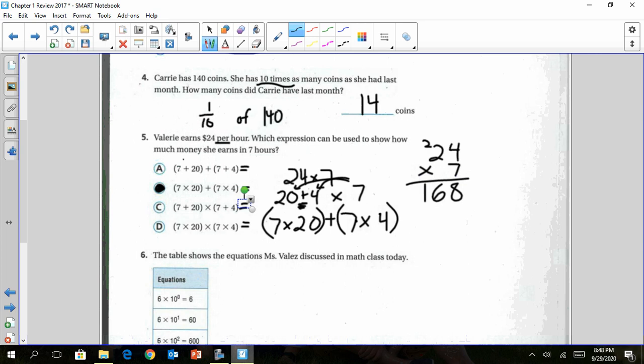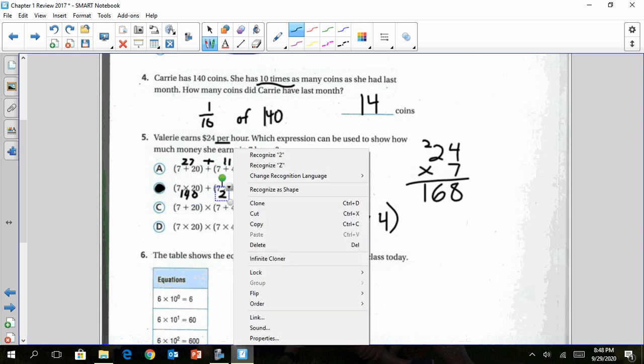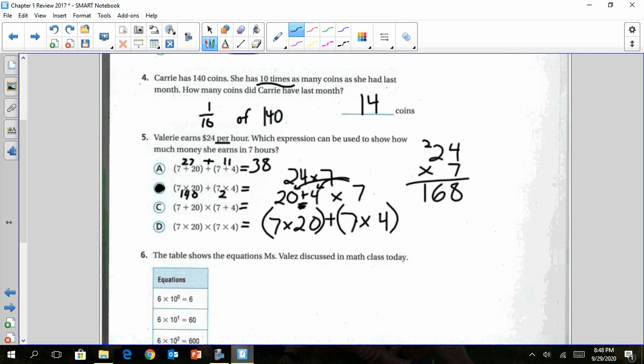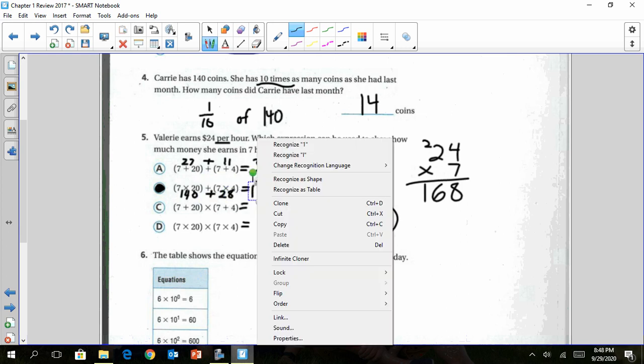So the first one, we're thinking 27, and this side's 11, and we just did order of operations, so we're going to add those two parenthesis answers together, and we get 38. The second one, this would give me 7 times 20, 140. 7 times 4, 28. And then add those two together, which is 168.